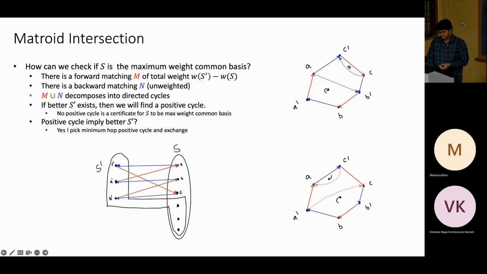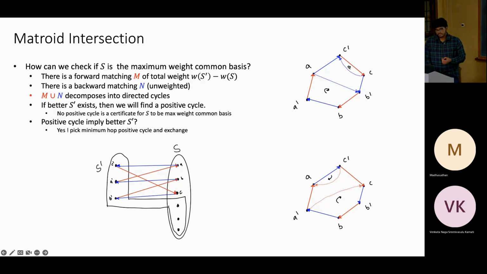So that shows that these matchings have to be unique in both directions. So S dash is an independent set in both matroids.